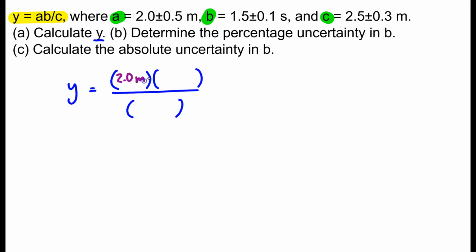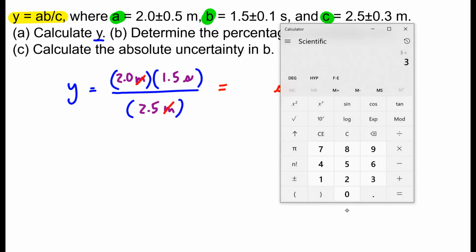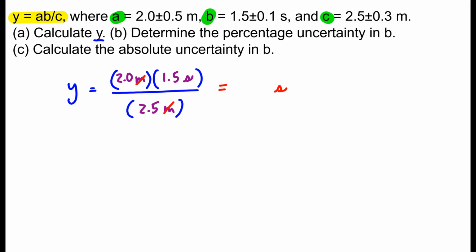A is 2.0 meters, B is 1.5 seconds, C is down below, and it's 2.5 meters. So what happens with units? The meters cancel, and Y will have units of seconds. So if we perform this calculation, no shame in getting out a calculator. We have 2 times 1.5 over 2.5, and we get 1.2.